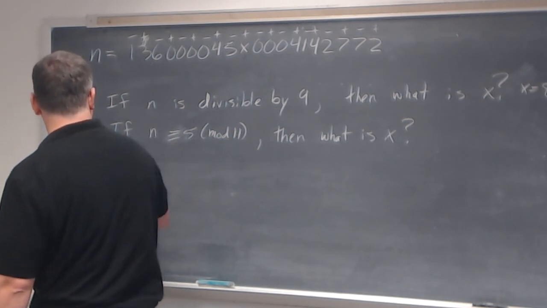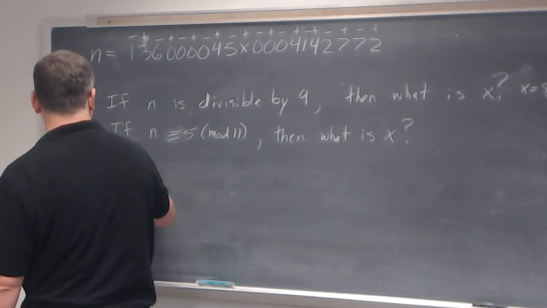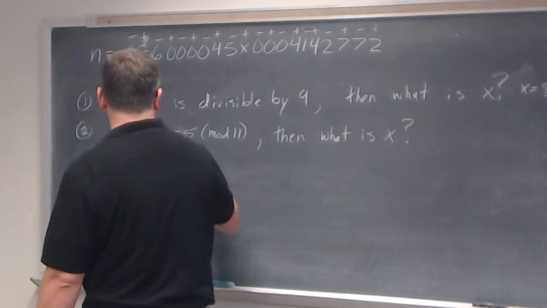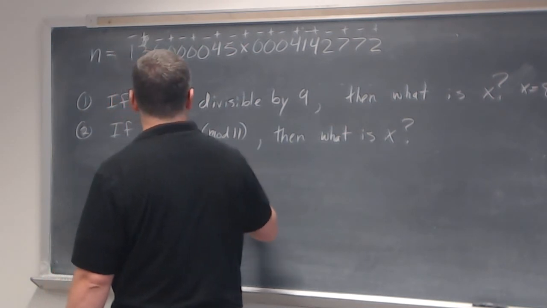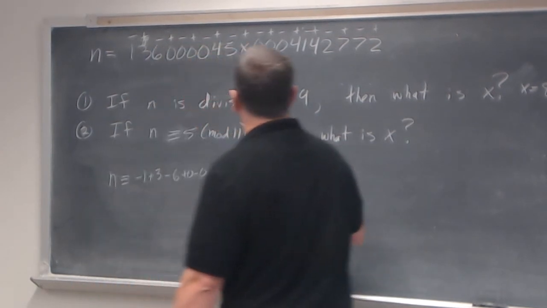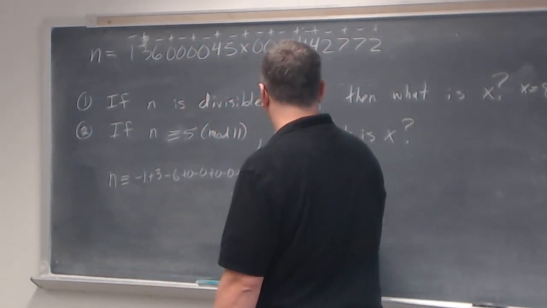So we'll be going to negative 1 plus 3 minus 6 plus 0 plus 4 minus 7 plus x minus 0 plus 0.